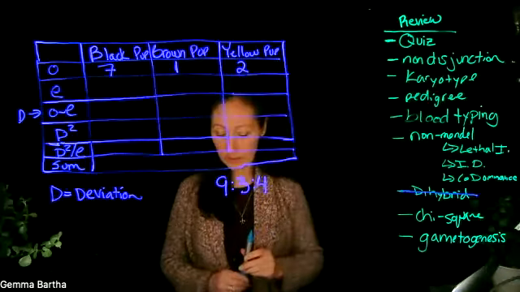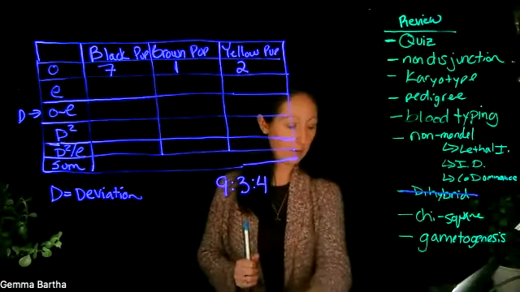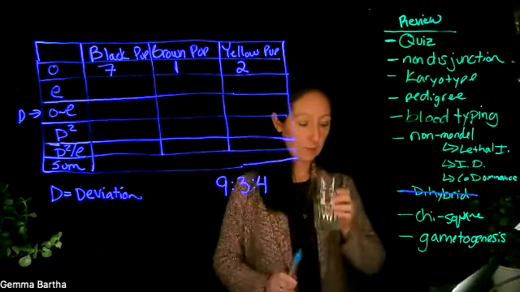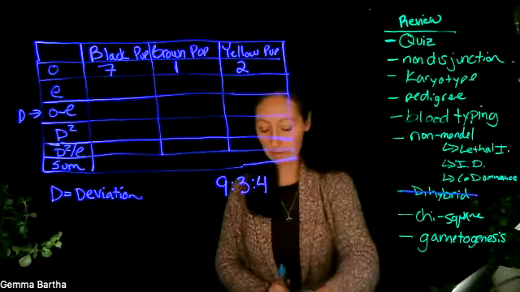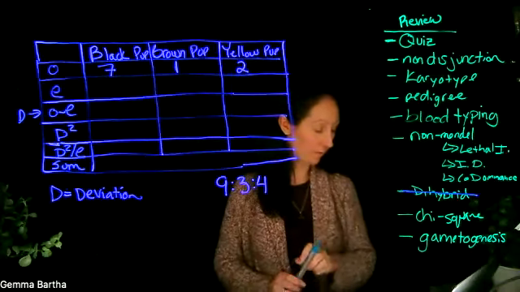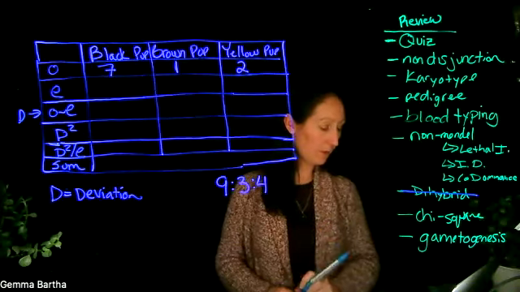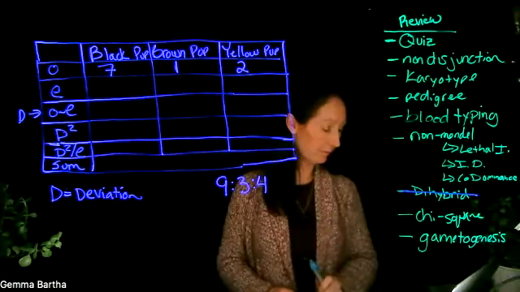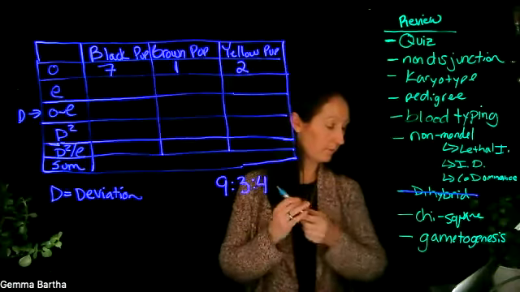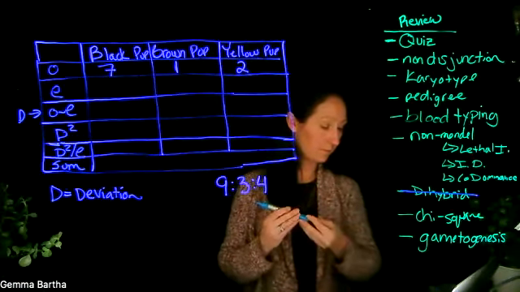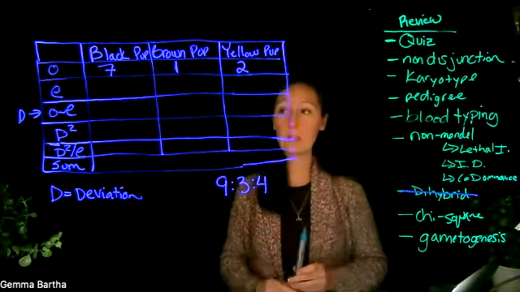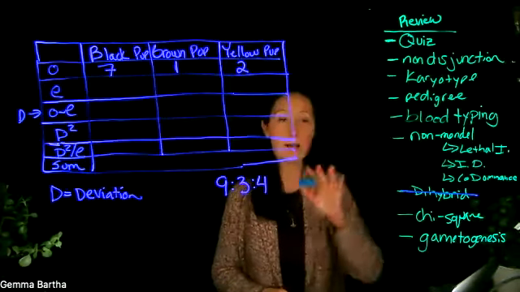How do you find E? Be more specific. What's the first thing that you should find in any chi-square problem?